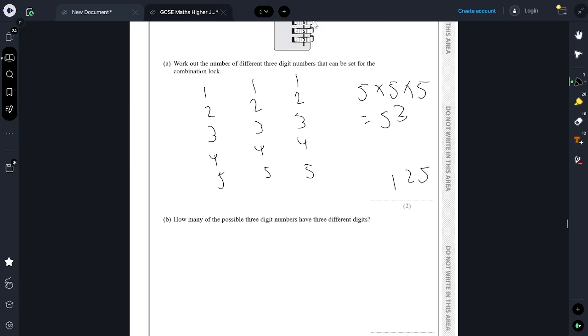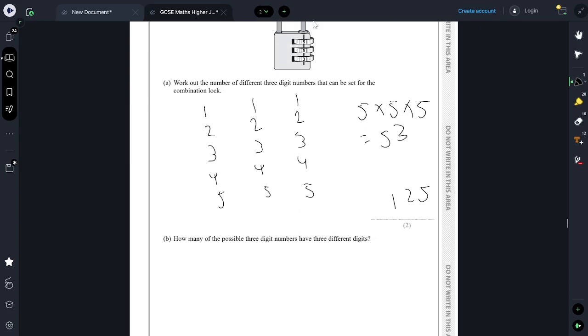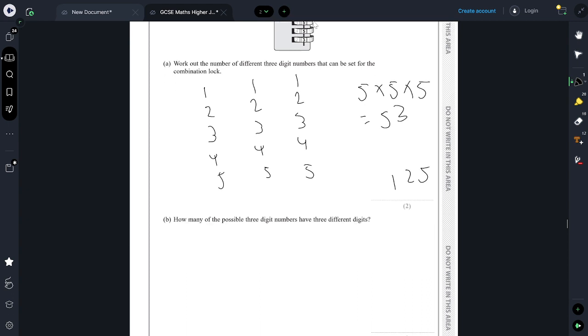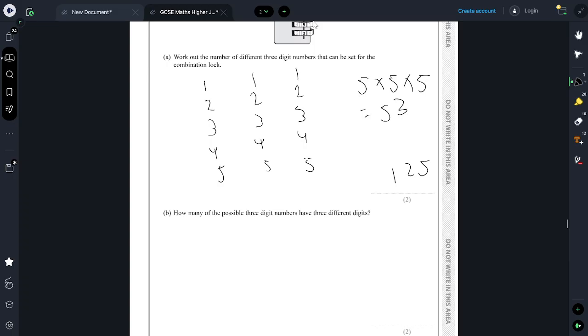Then it says in part B, how many possible three-digit numbers have three different digits? So we have to think a bit deeper about this one.